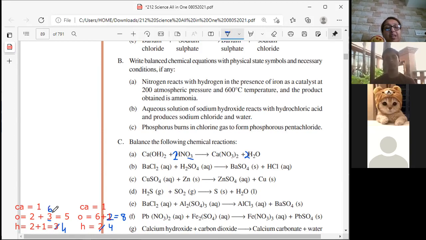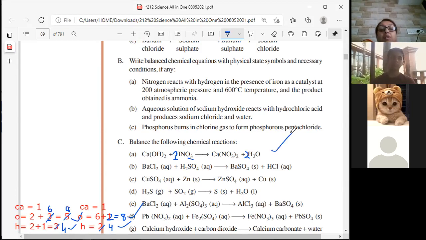So now this 3 has become 6. 2 plus 6 has become 8. Oh, okay. So this and this is balanced. Hydrogen is balanced. Ca is balanced. So can I say this equation is balanced now? Yes, ma'am. Do you get me, bacha?